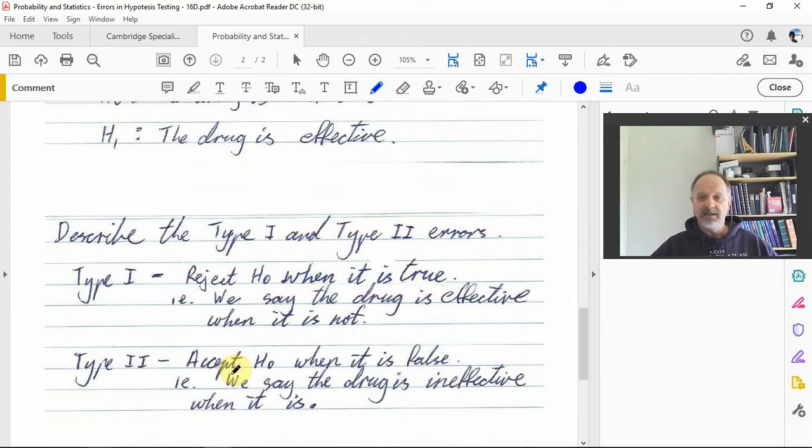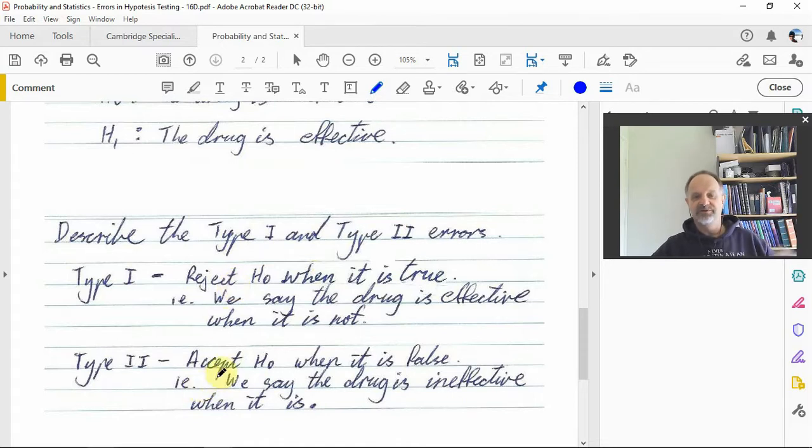And really, that is essentially it to do with the type of errors that you can make. Effectively, type 1, you've rejected it when really you should have accepted it, but the statistics tell you to reject it.